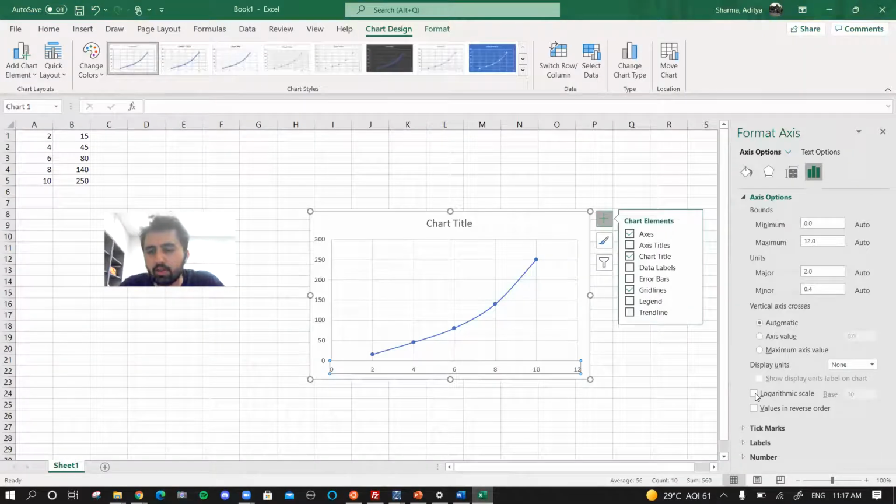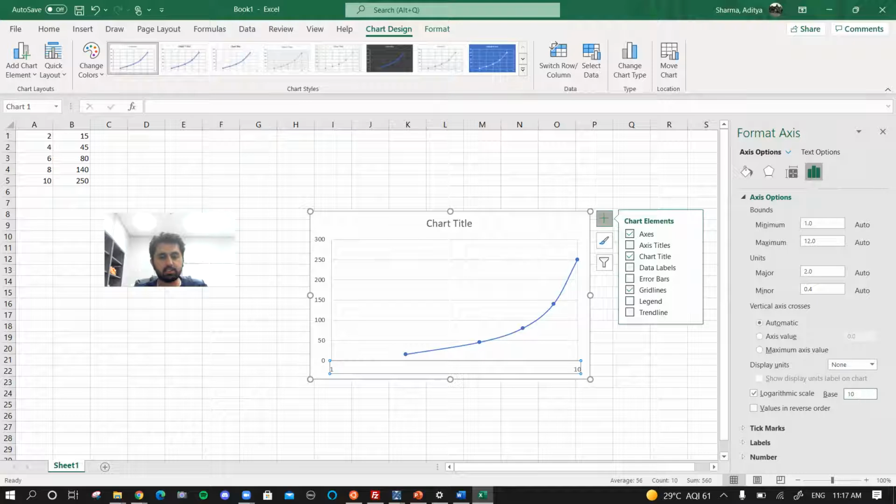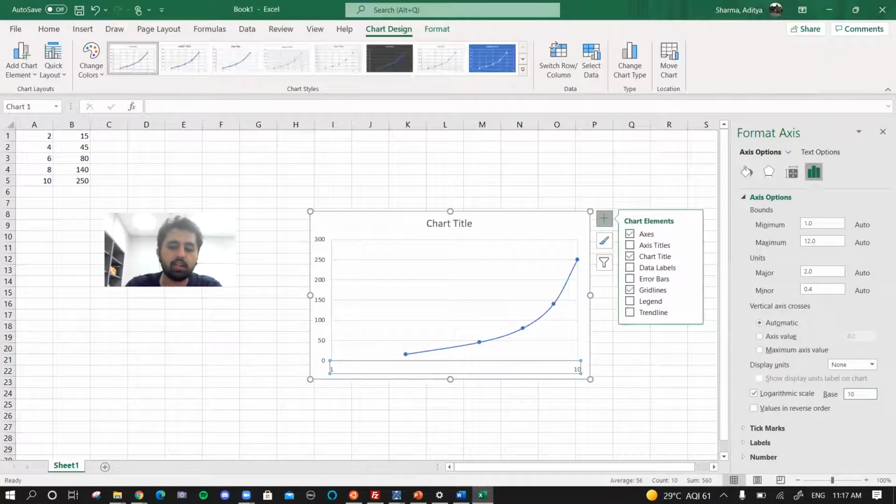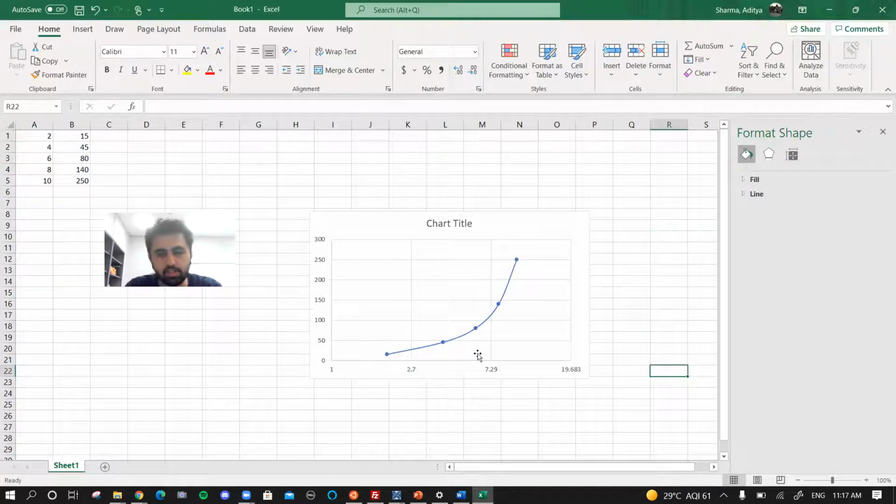So when you want to convert an axis to a logarithmic axis, you will just take this off. And base, it says in the document, it should be base e. Here we have base 10. So e is, I believe, 2.71. So you do that, and it changes according to that. So this is a logarithmic axis now. You can do this with a y-axis as well. So this is how you change from a normal axis to a log axis.